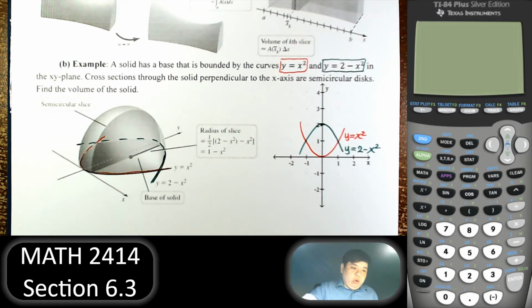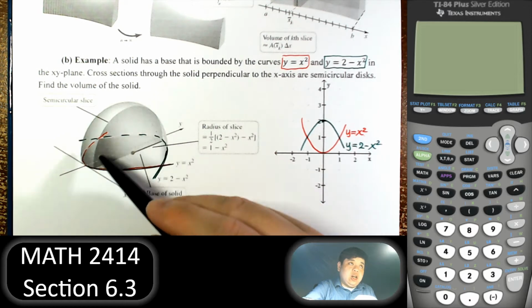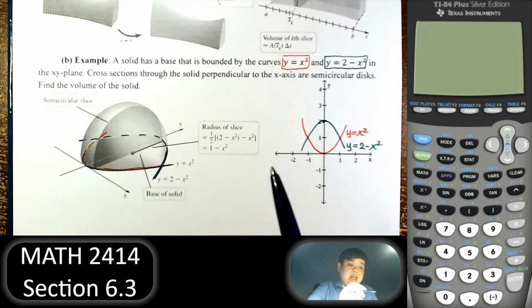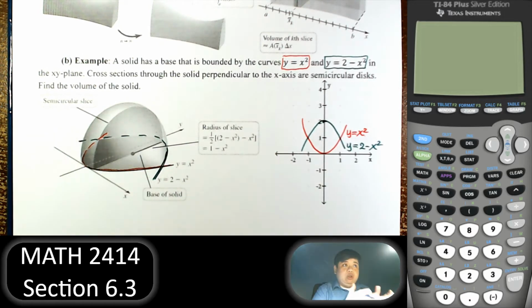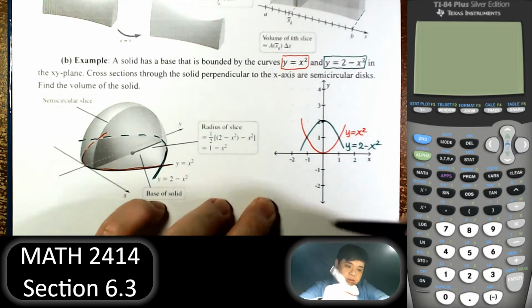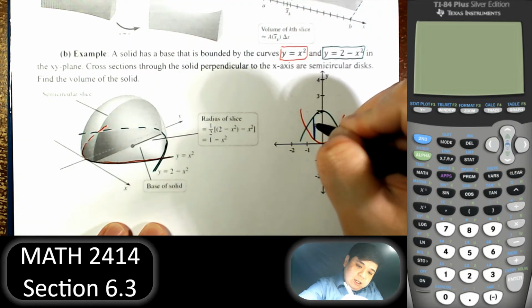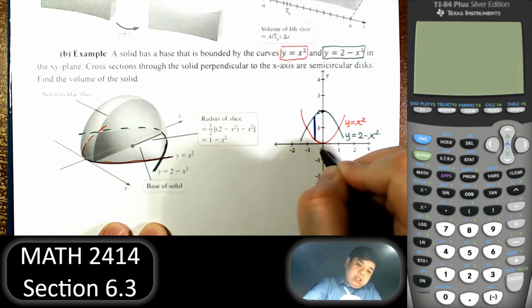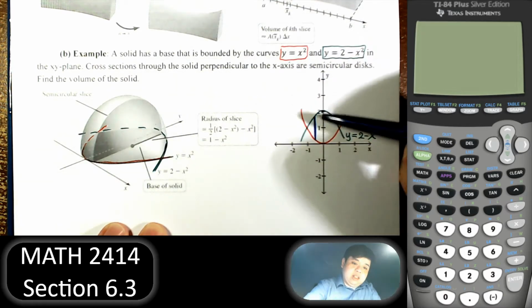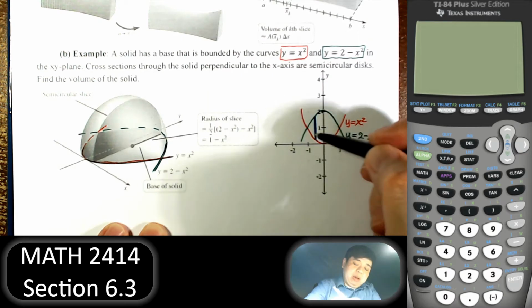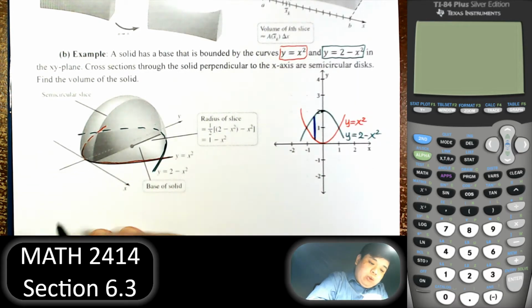From that we form a semicircular disc above it, and we're trying to find the volume of that region. First we have to find this distance here, which is the diameter, and then we form a semicircular disc above it.